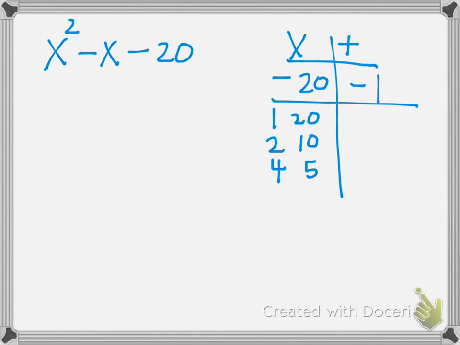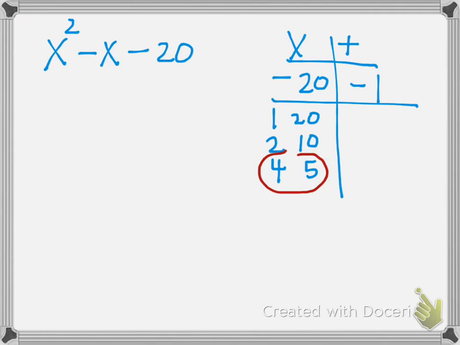Okay, this problem: x squared minus x minus 20. I make my chart to help me think through it. Some people can just think through it, but I usually need an organized process, and that's all the chart is. What multiplies to give me negative 20, and what adds to give me negative 1? The factors of 20: 1 and 20, 2 and 10, 4 and 5. Those are the only factors of 20. Which ones are one number apart? 4 and 5 are one number apart. So bingo, they're the ones I'm going to use.